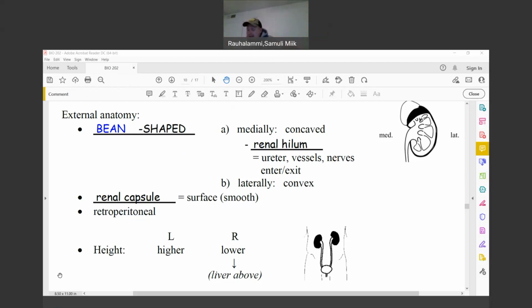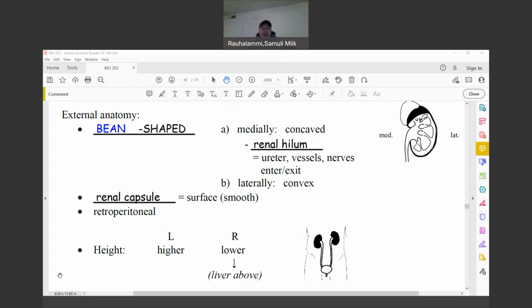Within that medial side, the concave side, there are a few structures that we want to be familiar with, and the renal hilum refers to this area where the ureter comes out and blood vessels come in and exit. There are going to be nerves, there are going to be lymphatic vessels, all that good stuff entering and leaving the kidney.